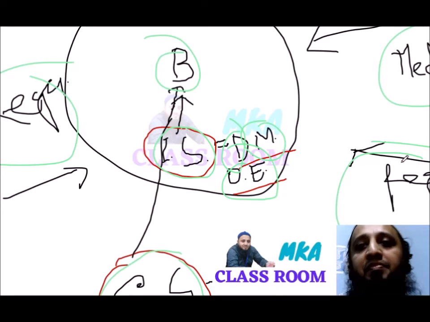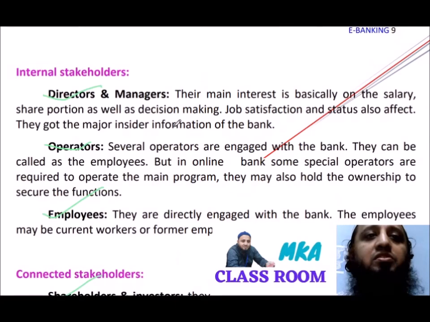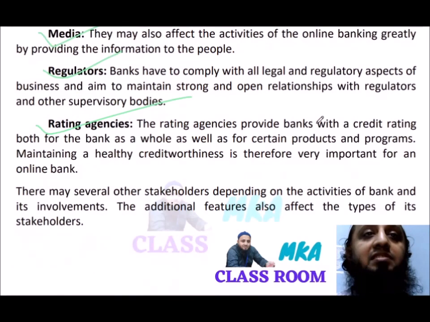They are influenced by online banking. Here is the explanation: directors, managers, operators, employees; connected stakeholders: shareholders, investors, customers, suppliers, advisors, consultants, competitors; external stakeholders: government, community and local government, media, regulators, rating agencies, and so on.